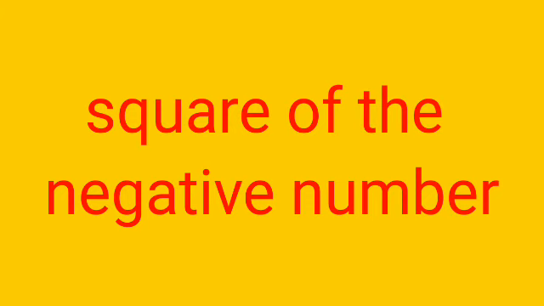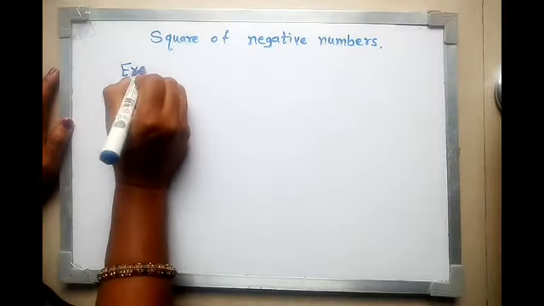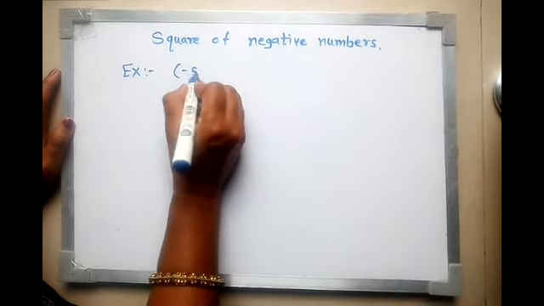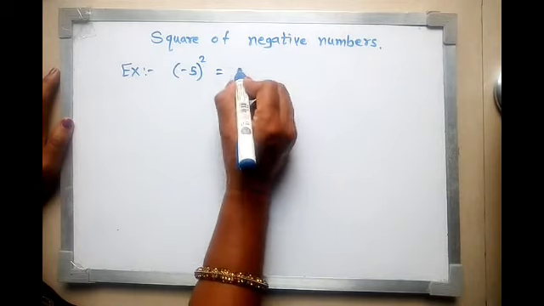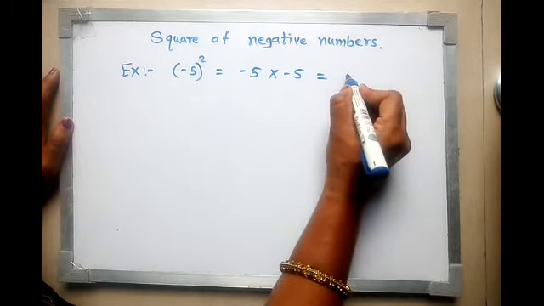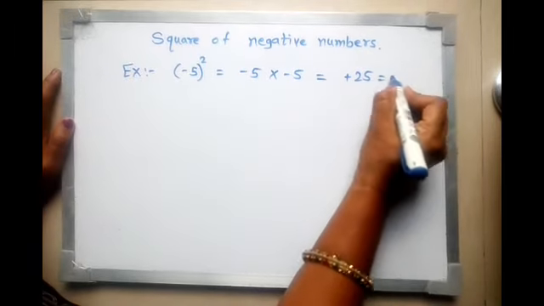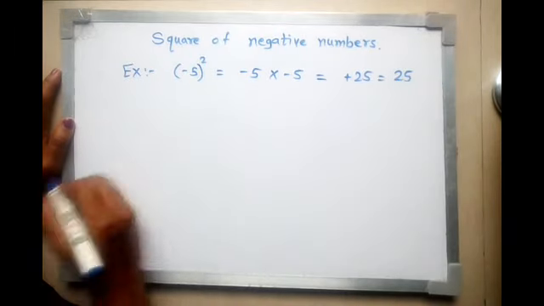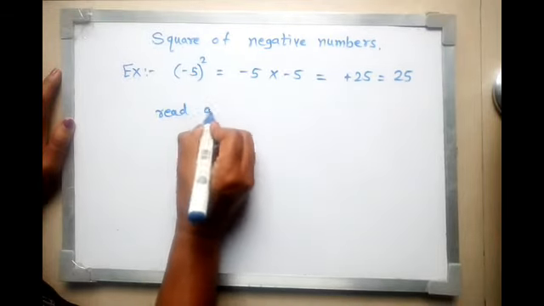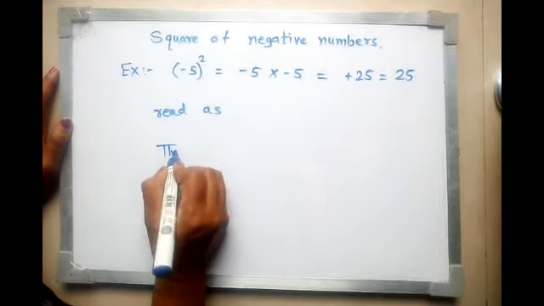Let us learn the square of negative numbers. For example, minus 5 raised to 2, minus 5 into minus 5, minus minus plus, plus 25. A negative number's square is positive, the same as a positive number's square.